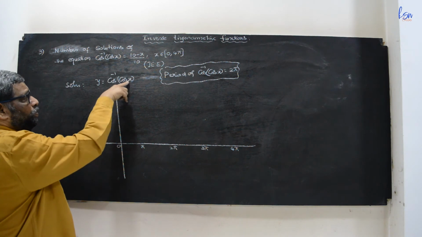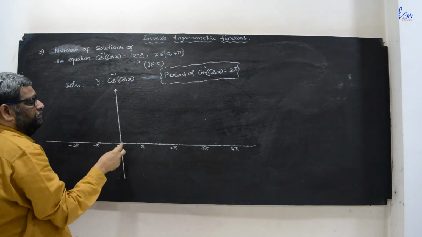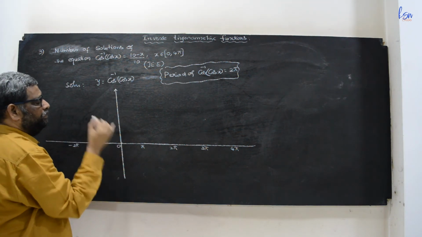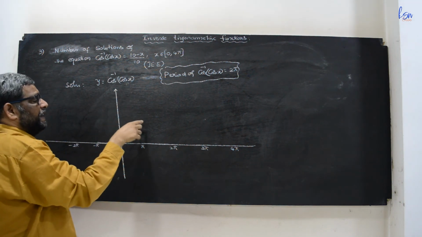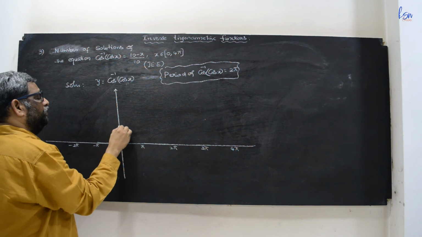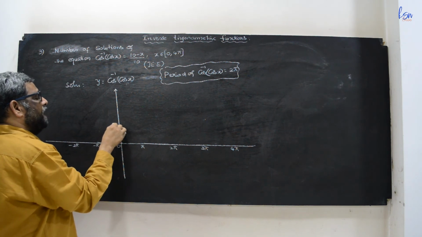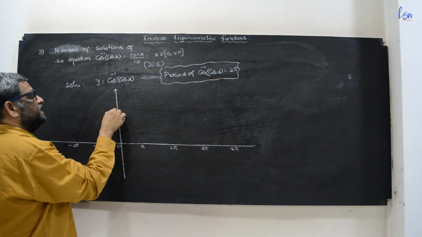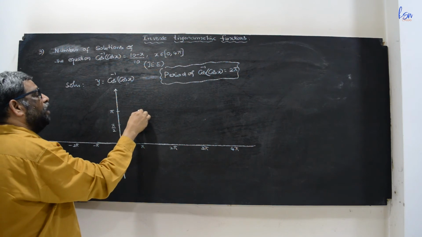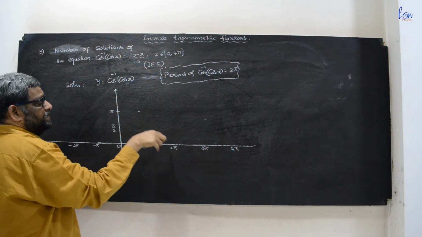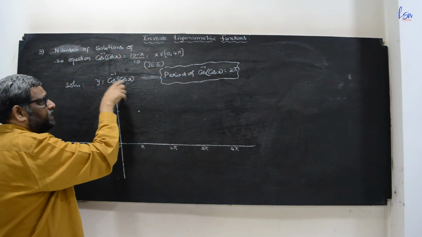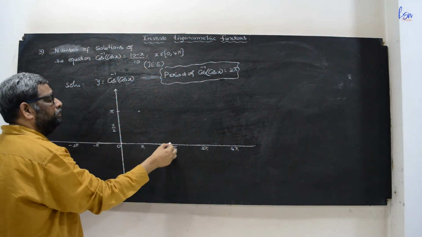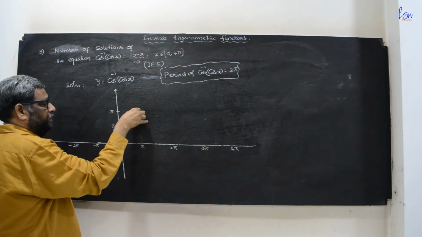Now cos 0 is 1, cos inverse 1 means 0. Cos pi is minus 1, cos inverse minus 1 is pi. So here you take some pi by 2 and this is the pi. So you can have pi here. Next 2 pi, cos 2 pi means cos 0 itself, 1, cos inverse 1, 0. So the graph will be like this.